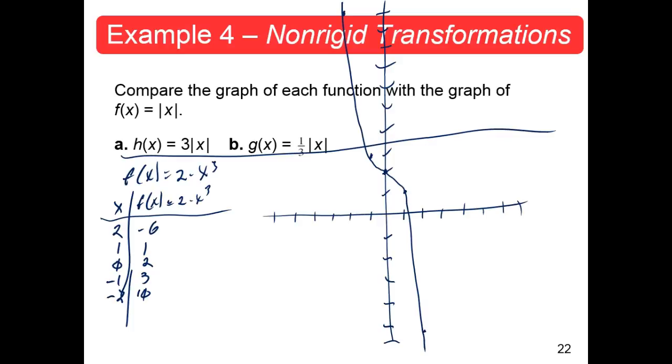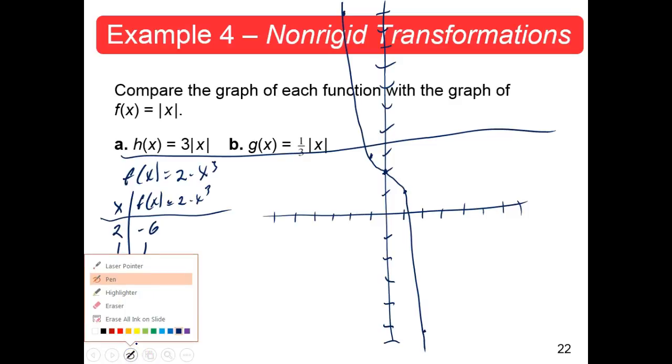All right. That's the one we're comparing to. Now what it says to do is compare these to it. Let me get a color. What color would you like g of x to be?